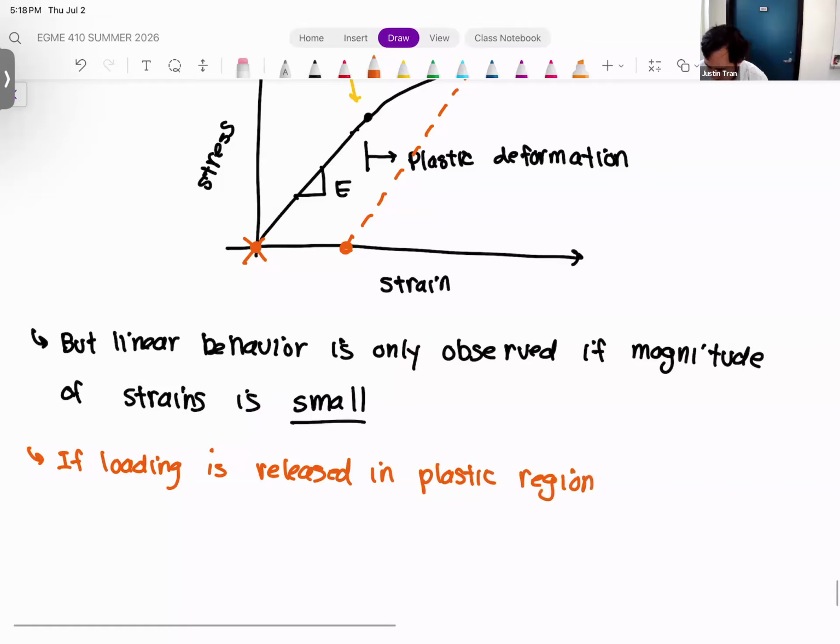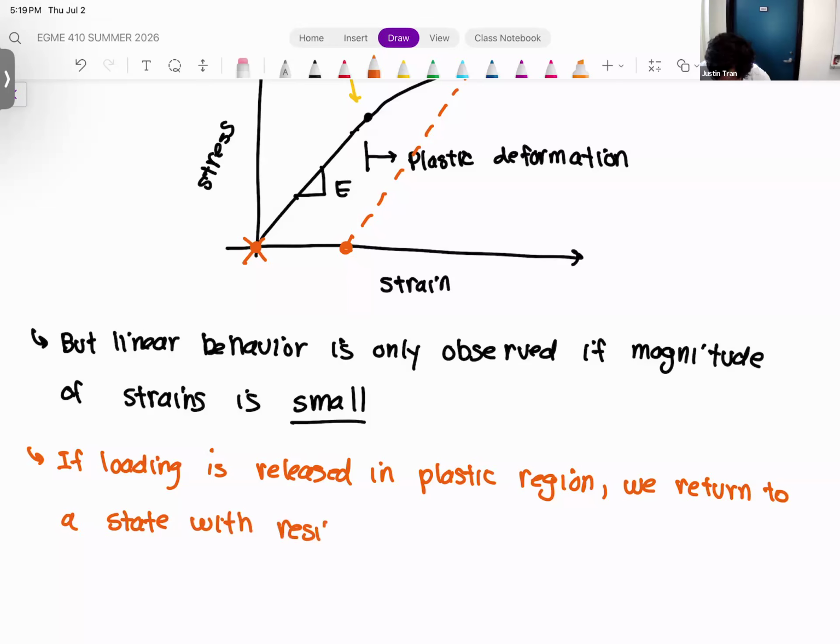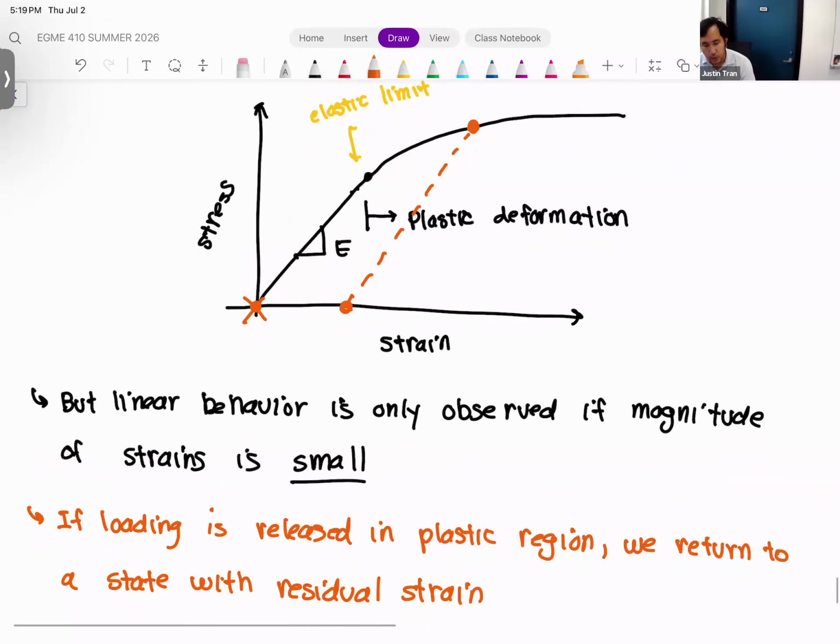So if the loading is released in the plastic region, we return to a state with some residual strain. Whereas that's not necessarily true in the linear region.